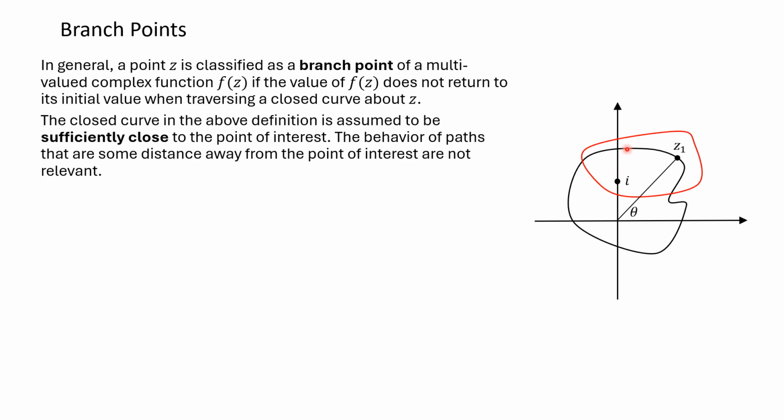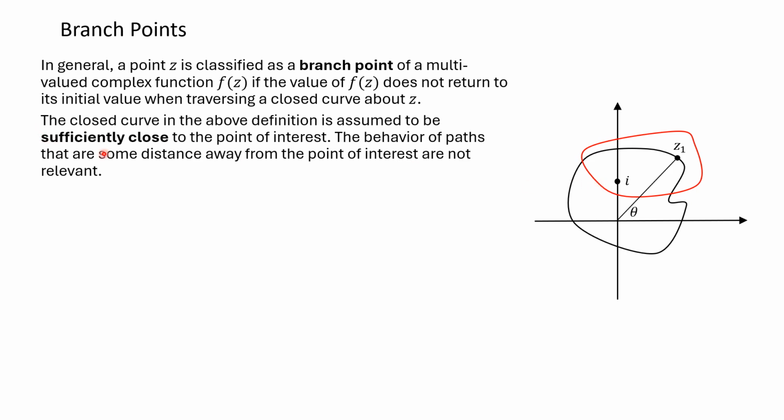So we take a closed path, say this black one here, and in fact when you circle around, starting from a point z sub 1, and come back to it, theta does increase by 2 pi, and in turn the value of log of z1 when you return to that point is changed. So you might think that means that i is a branch point.